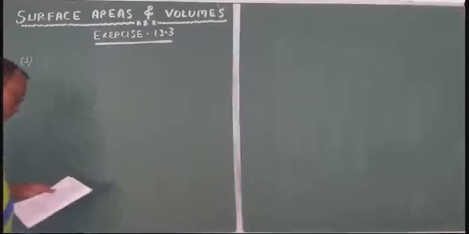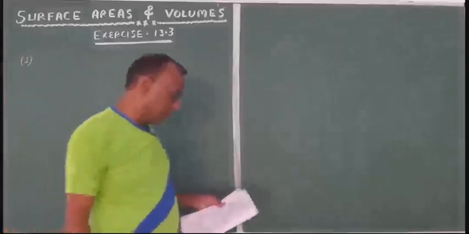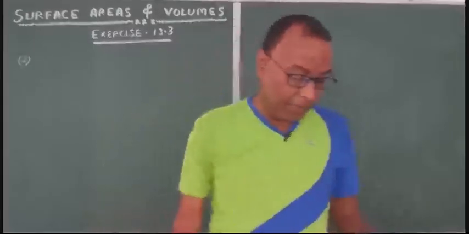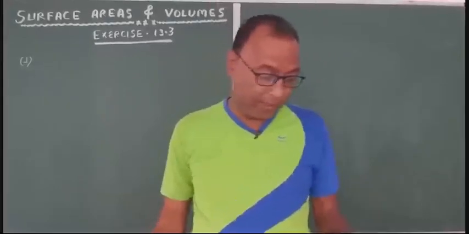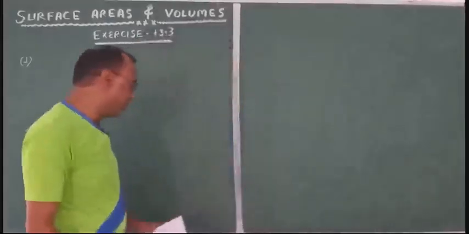The diameter of the base of a cone is 10.5 centimeter and its slant height is 10 centimeter. Find its curved surface area. Diameter of the base is given 10.5.